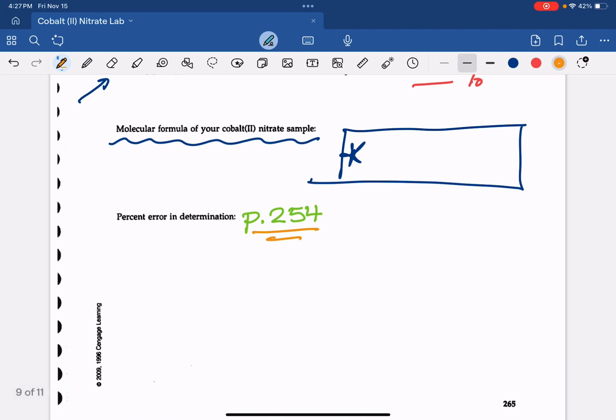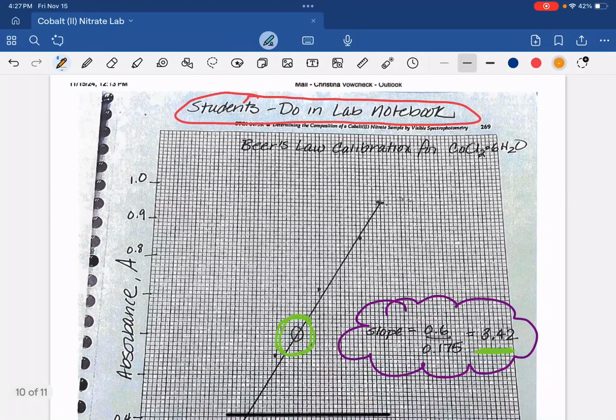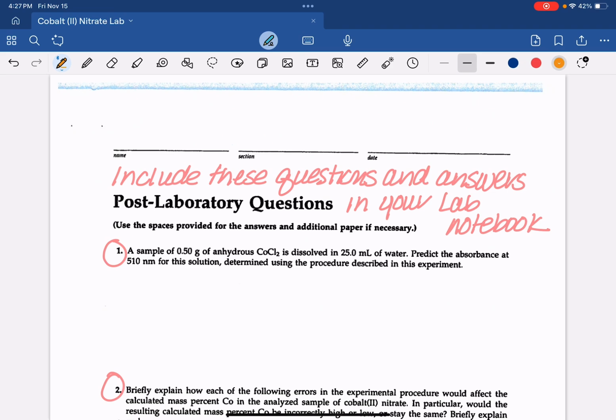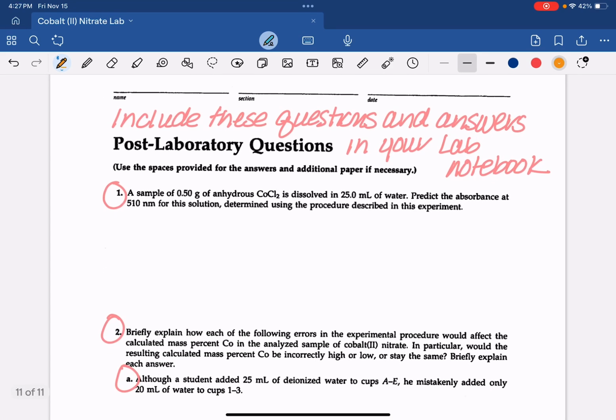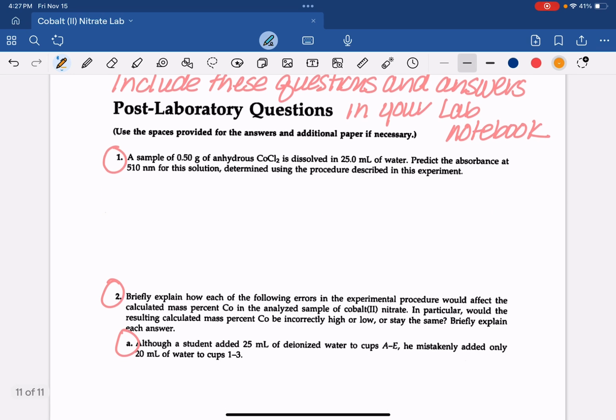So what else do we have to do? I showed you the graph. Last but not least, this is a lab notebook lab. Keep in mind that you do need to include the post-lab questions. You have to write them out and the answers to them in your lab notebook. So make sure that you do that as you're finishing up the lab.